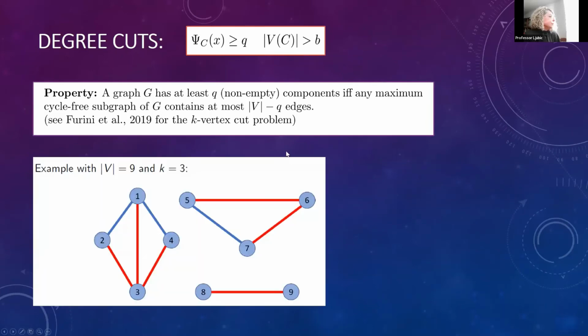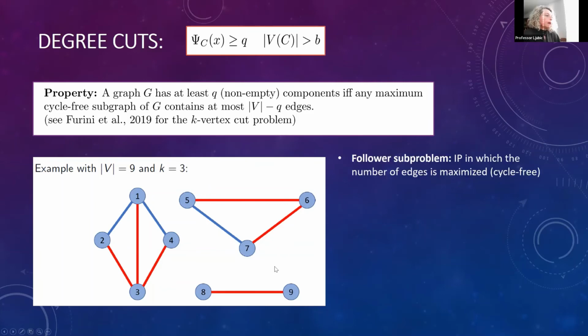Here is an example. If you have a graph with 9 vertices and the graph contains 3 connected components, then the largest number of edges of any spanning forest in this graph will be 9 minus 3. Here they are, for example, shown in red.